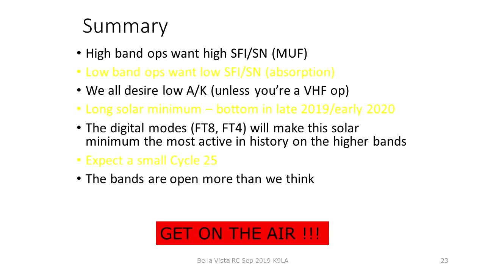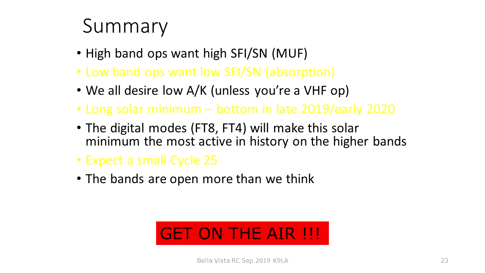So, summary. The high band ops, we want a high solar flux index and a high sunspot number, and we want it for more ionization, which means the MUFs are higher. On the other hand, low band operators want low solar flux index and sunspot number, because that means lower ionization, which means there's lower absorption.